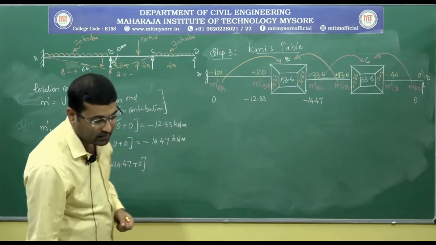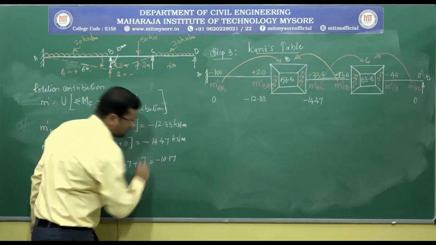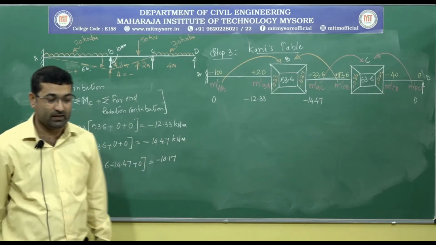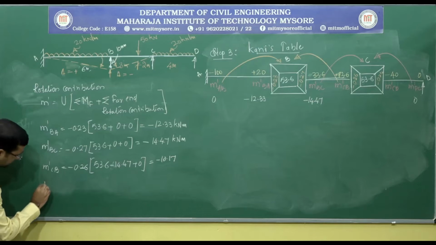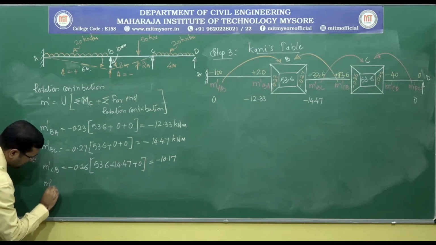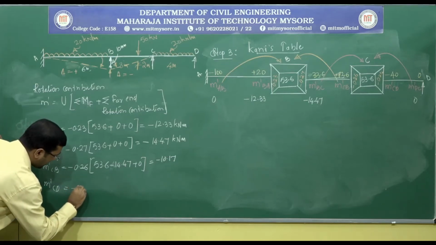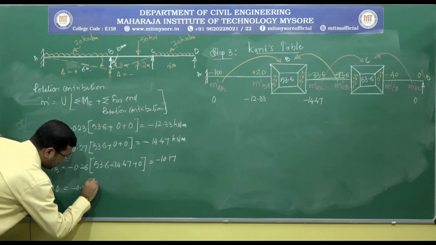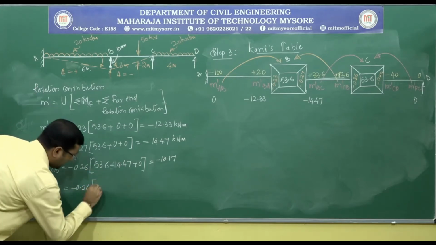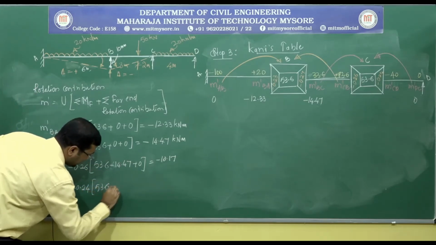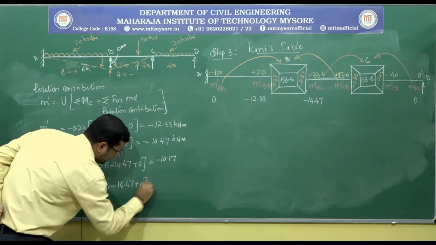If you work that out, you will get minus 10.17. And M dash CD: the rotation factor is minus 0.24, into the fixed end moment 53.6 minus 14.47 plus 0.